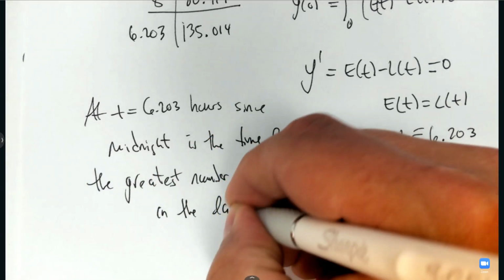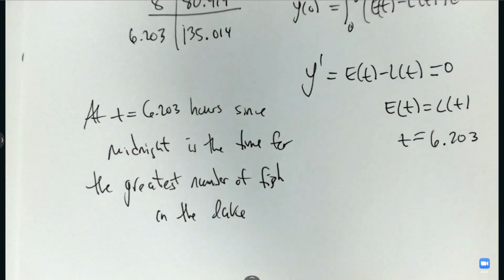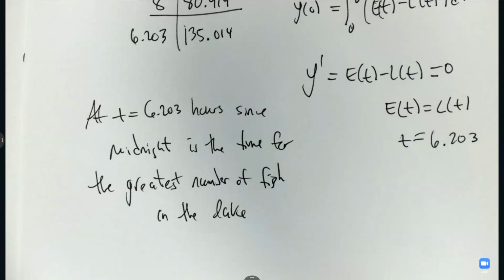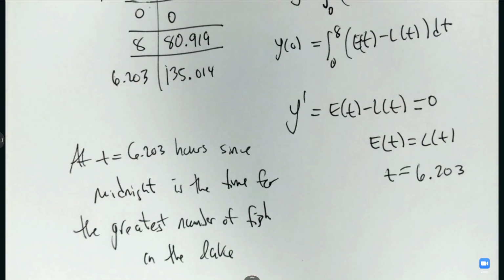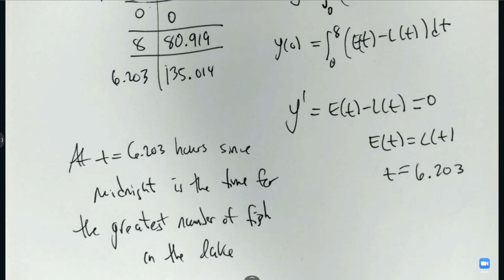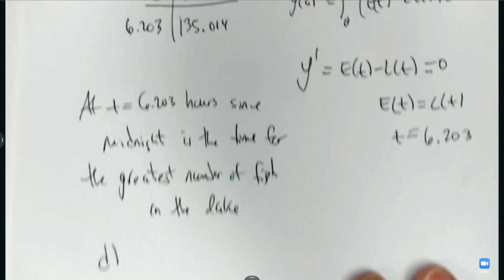I try to be a good reader, so recognize they are asking for the time, not for the maximum number of fish. If they ask for the maximum number of fish, maybe rounded, it would be 135. But at what time do you have a max? There it is.